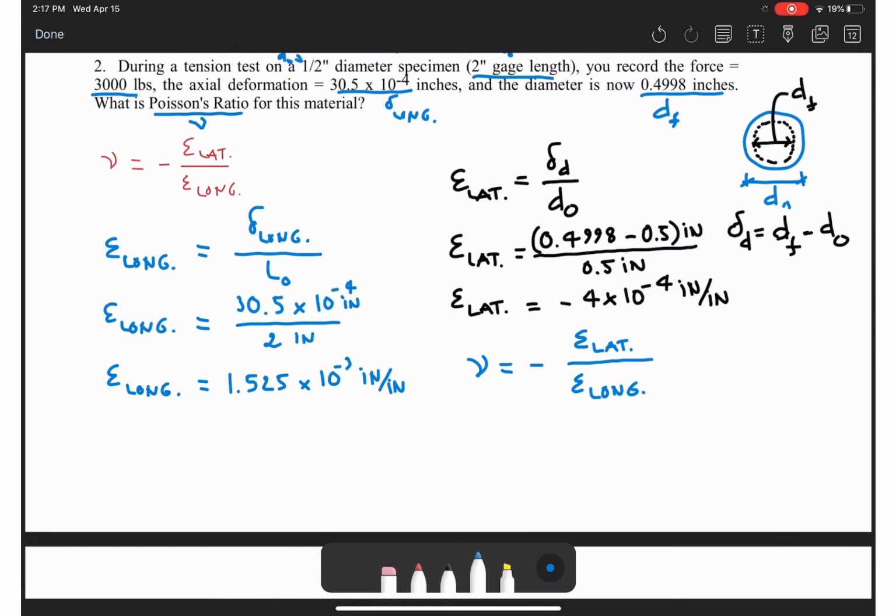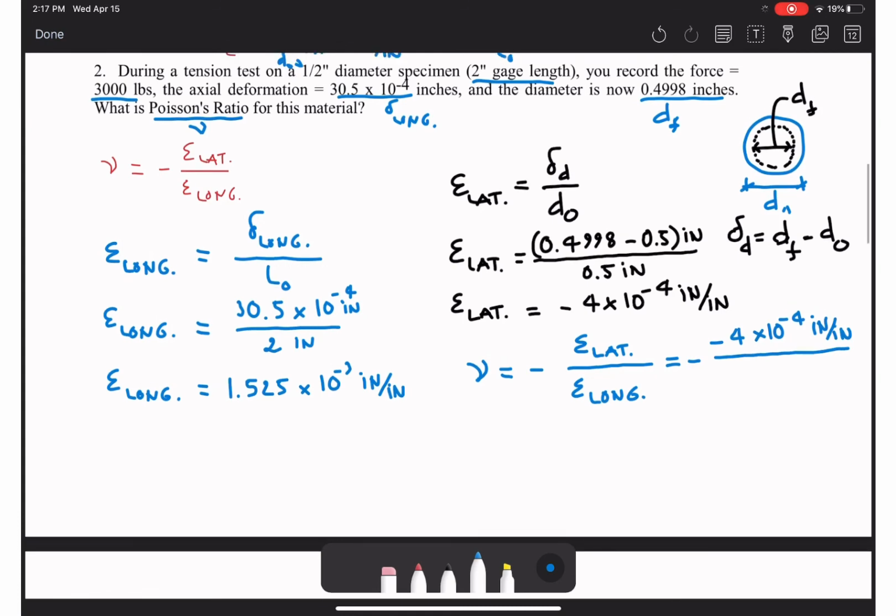So from that we can plug in lateral negative 4 times 10 negative 4 inch over inch divided by normal strain in longitudinal axis, 1.525 times 10 negative 3 inch over inch.